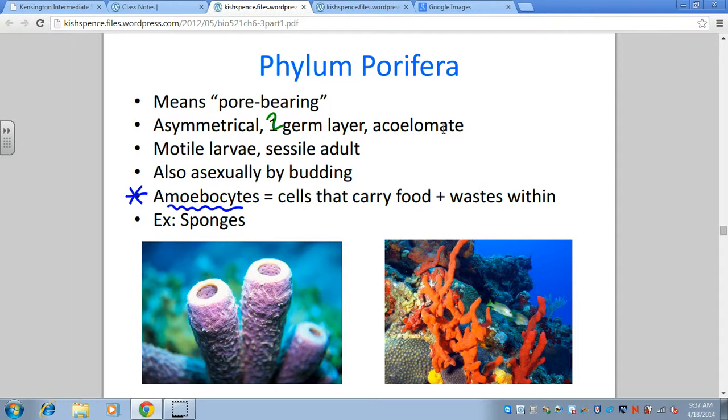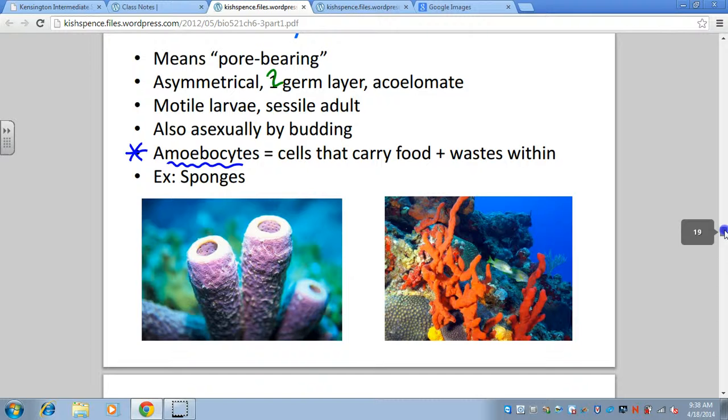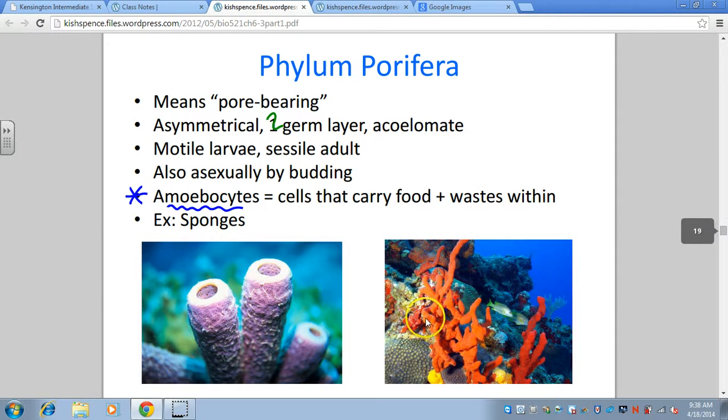So not the factory manufactured sponges that we buy to clean things, but the actual real sponges. You could buy a loofah sponge, for instance, which actually came from the ocean. Now sponges are asymmetrical. We already looked at a couple of examples. They can be all different shapes and colors, and they're really neat to look at.